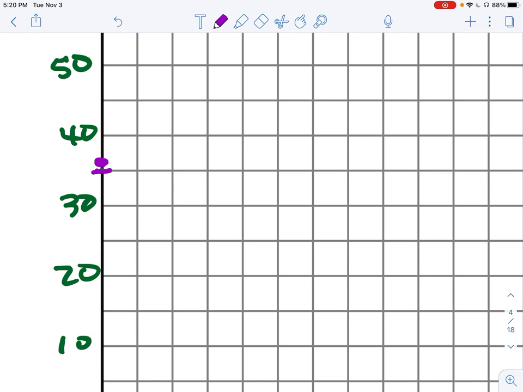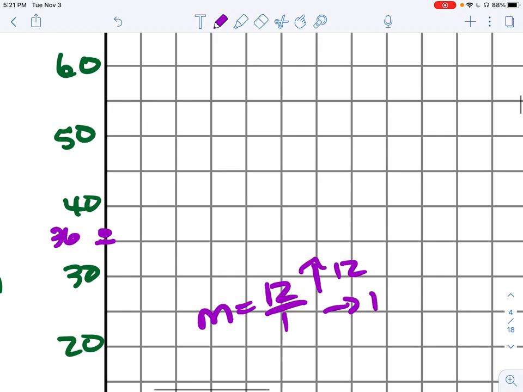And then my slope is 12 or 12 over 1. So I'm going to go up 12. I'm going to go to the right 1. So I'm starting at 36. Well, 36 plus 12 is going to get me 48. Well, right here, this is 45. So just up here and then over 1.